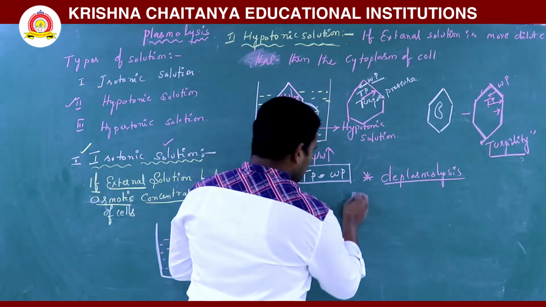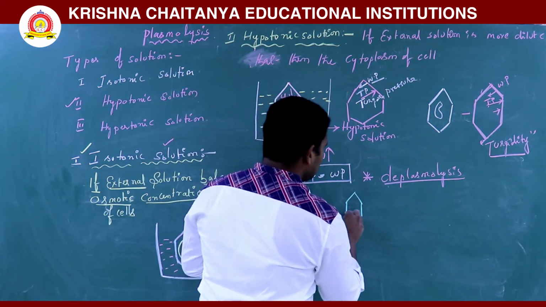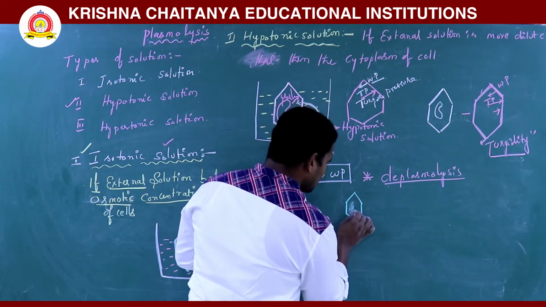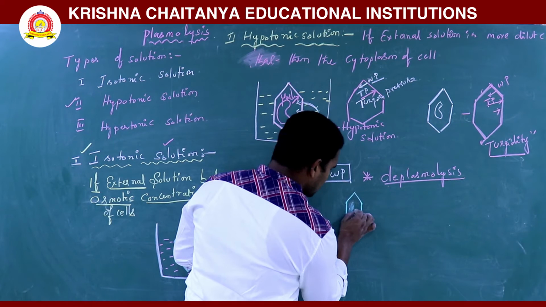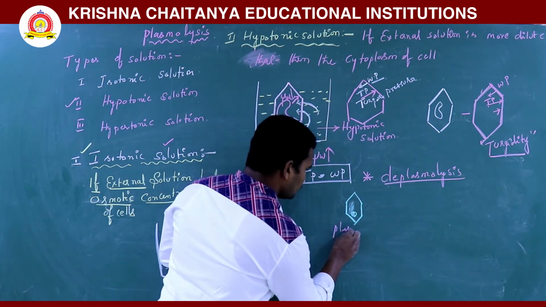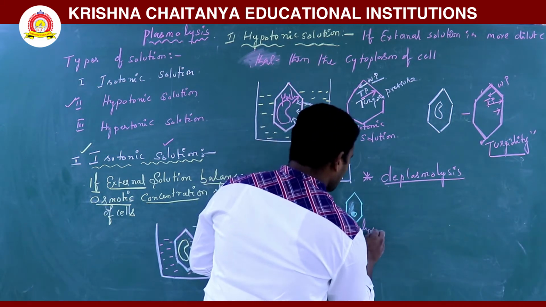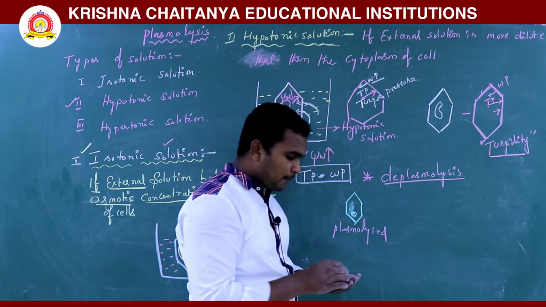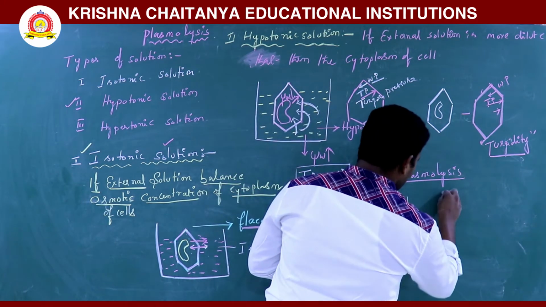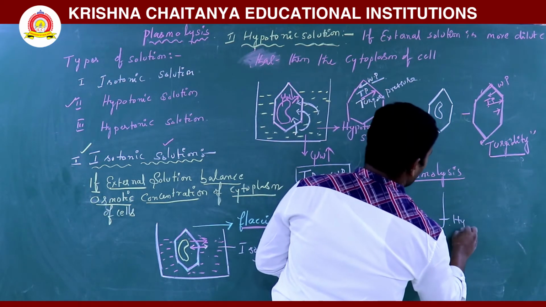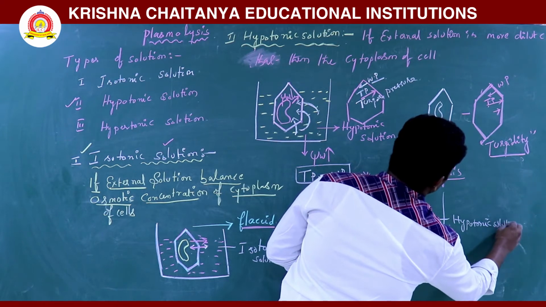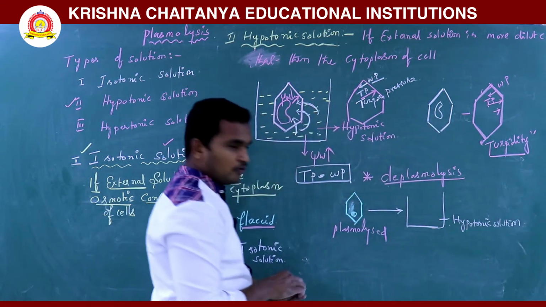In this condition, this is the plasmolyzed cell, where the protoplasm shrinks. When you place the plasmolyzed cell in a hypotonic solution, what happened?